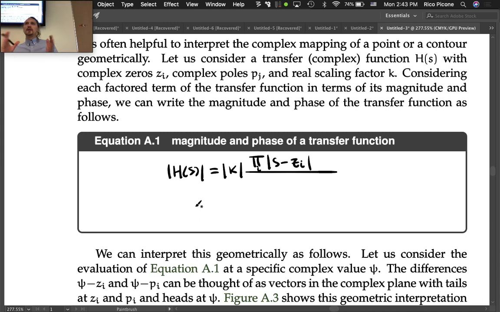You can take the magnitude of each factor, right? So the magnitude of s minus z1, the magnitude of s minus z2. Take the product of those magnitudes together and we get the magnitude of the numerator. The magnitude of the denominator is the product over j of the magnitudes of s minus pj.